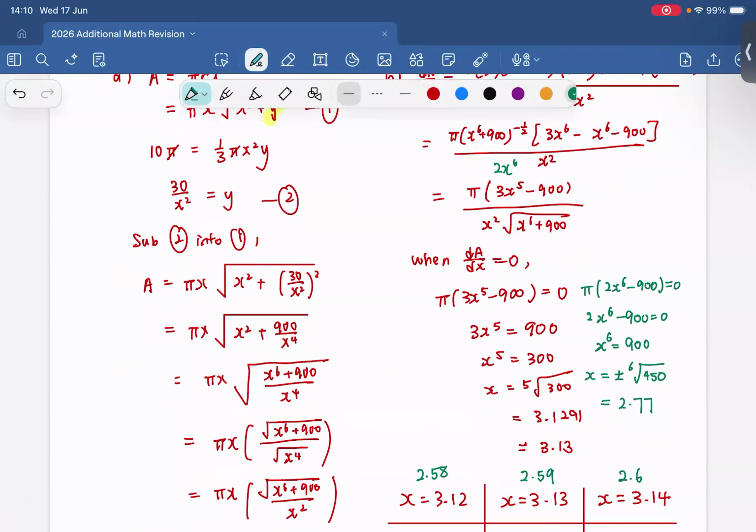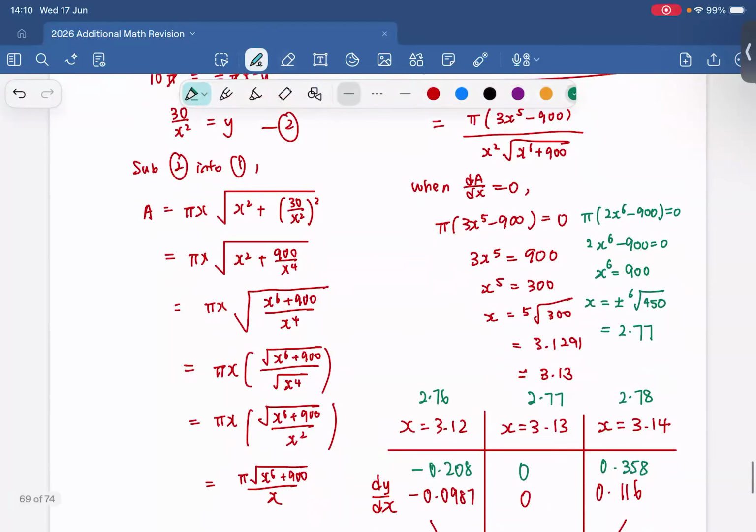2.77. Okay, we will reject the negative because x cannot be negative. Okay.